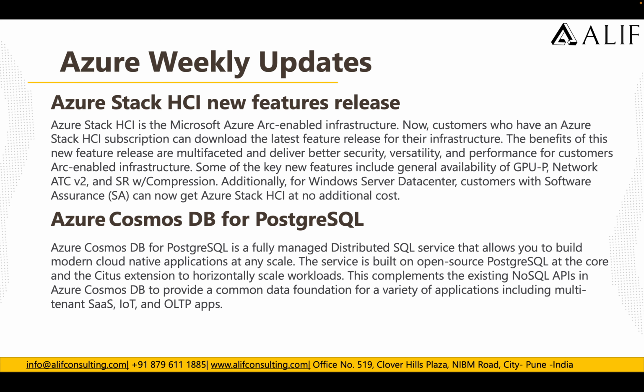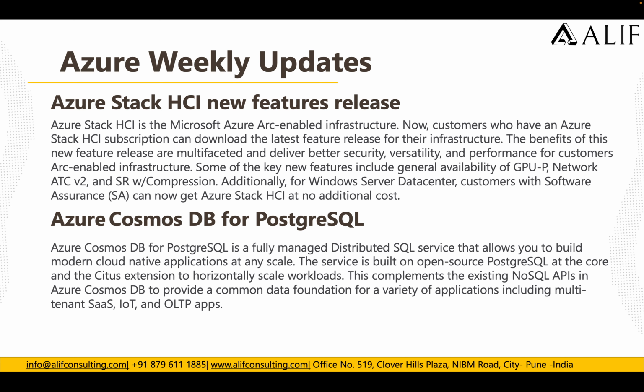Another update which we have is for PostgreSQL, where Azure Cosmos DB for PostgreSQL has been introduced. As we know, Azure Cosmos DB is one of the non-relational databases in the cloud to store information and documents. So Azure Cosmos DB for PostgreSQL is a fully managed distributed SQL service that allows you to build modern cloud-native applications at any scale.